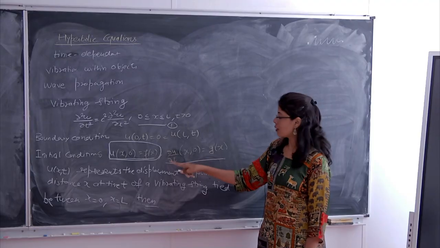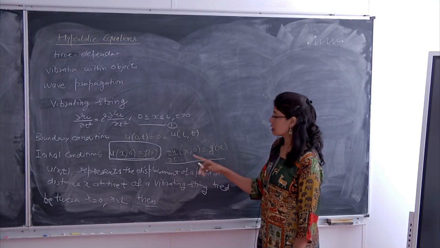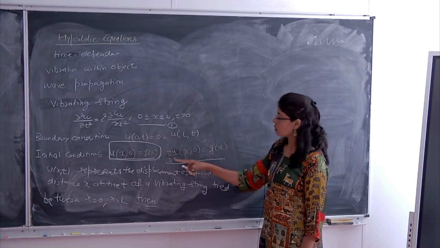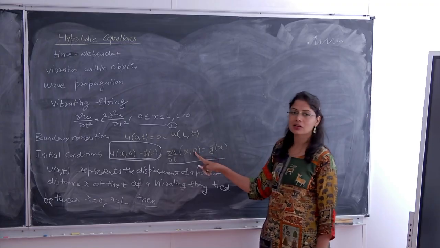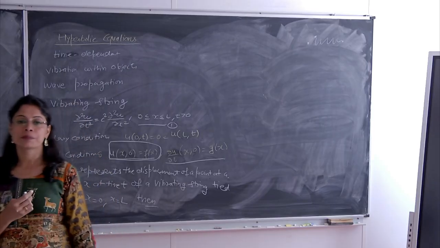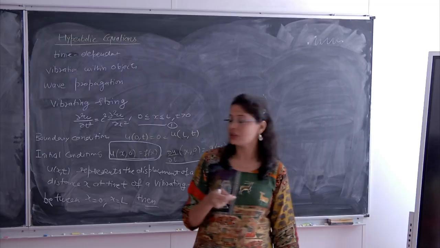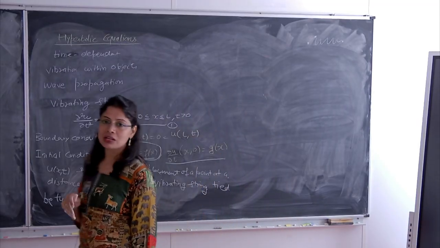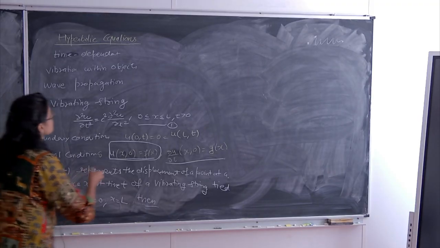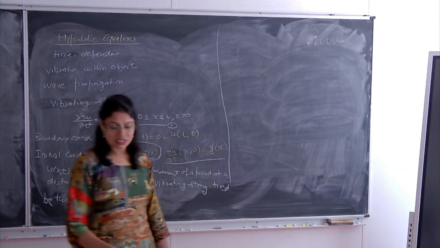This indicates del u by del t, which is velocity. So, this indicates the velocity of the vibrating string. What is the velocity of the vibrating string at the initial time? So, this system indicates a vibrating string which is tied at the endpoints, and it is given velocity as well as initial position. Okay. So, this is our hyperbolic equation.